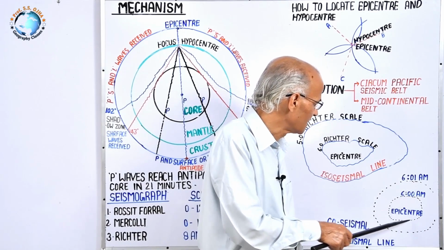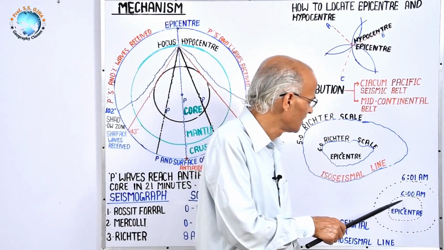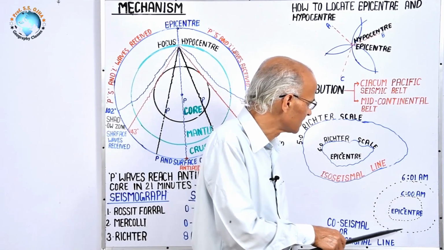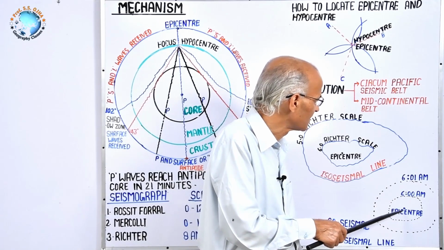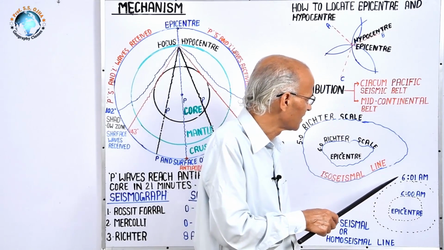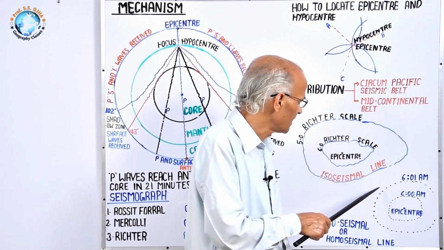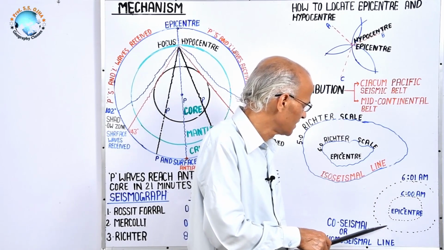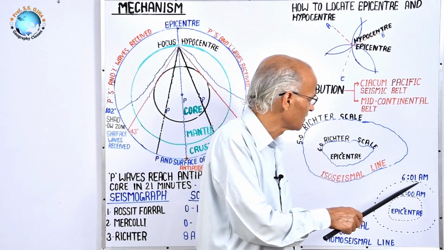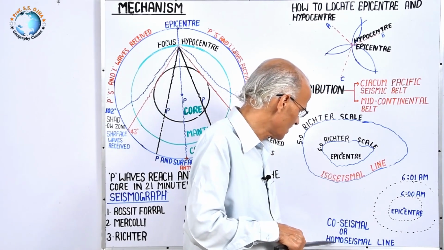So this line will be called coseismal or homoseismal line. Certainly, at the further places from the epicenter, earthquake will be recorded later on at 6:01.